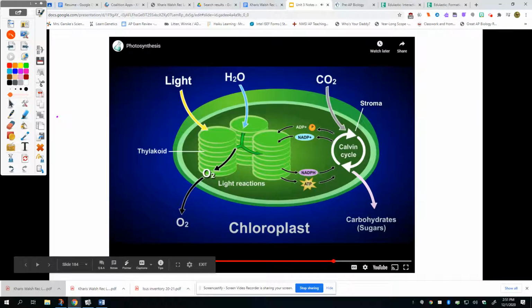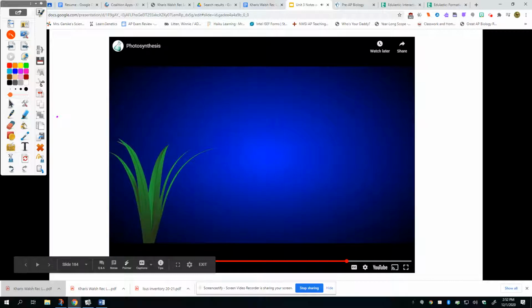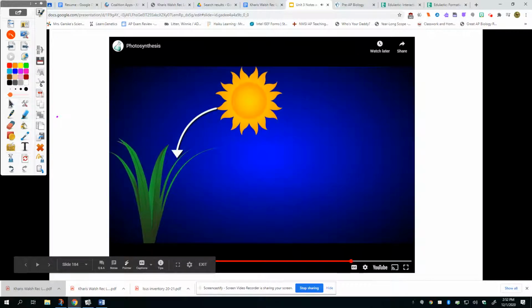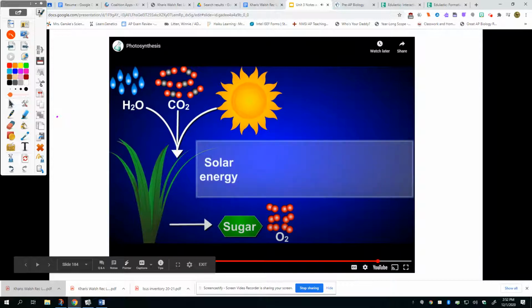Now that you understand a little about light reactions and Calvin cycle reactions, let's zoom back out and do a quick review. During photosynthesis, plants capture the energy from sunlight and use it, along with water and carbon dioxide, to produce carbohydrates, or sugars. Oxygen is also released as a byproduct. These photosynthetic reactions are typically written as a chemical formula. Solar energy plus 6 carbon dioxide molecules plus 6 water molecules react to produce 1 glucose molecule and 6 molecules of oxygen.